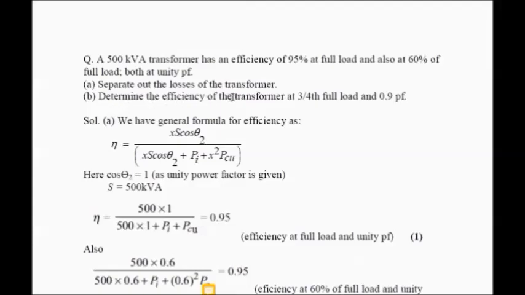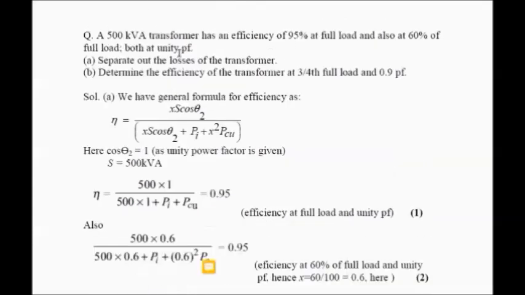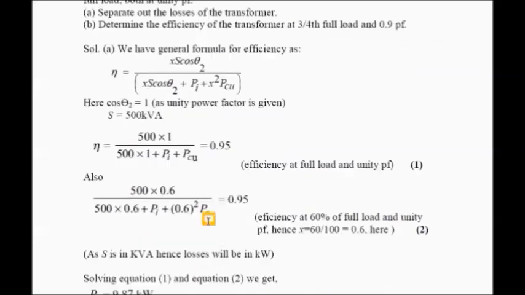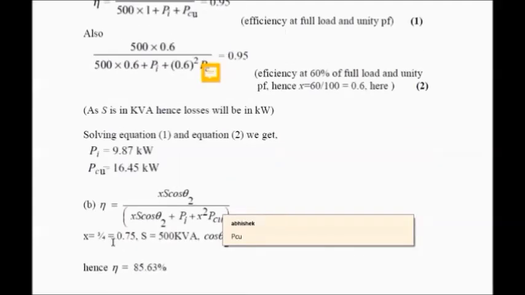Now I have to determine efficiency of the transformer at 3/4 full load and 0.9 power factor. Since I have to use the same transformer, here x equals 3/4 means 0.75, cos theta 2 should be 0.9, Pi I have calculated here, and P copper at full load I have calculated here.